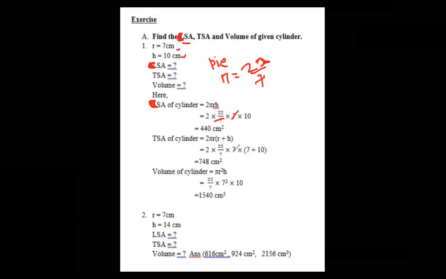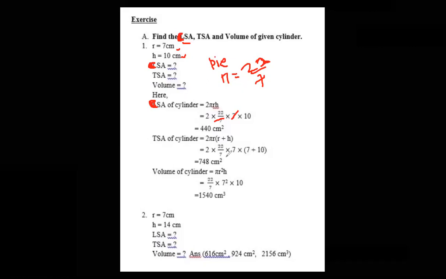Bracket means multiply. Radius is 7 plus height 10, bracket close. So 7 and 7 you can cancel. 2 into 22 will be 44, into 7 plus 10.